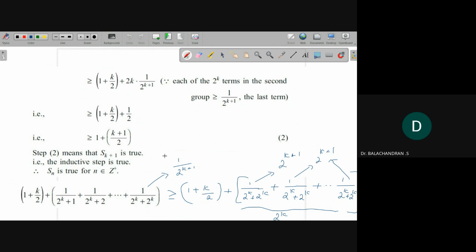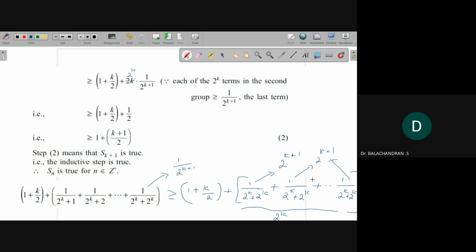1 plus k by 2, they'll keep as it is, plus how many terms here we have? 2 power k. So this is not 2k, this should be 2 power k. 2 power k into each one of them, which is 1 by 2 power k plus 1.